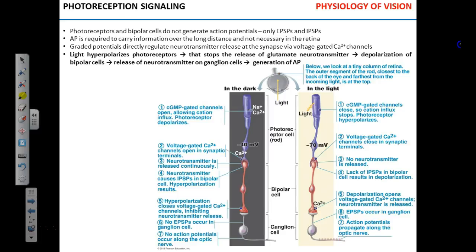So if you want to transmit information through that axon, you do need action potential. If all you need to do is to give signal from one cell to another, you just need graded excitatory postsynaptic or inhibitory postsynaptic potential. Does that make sense?